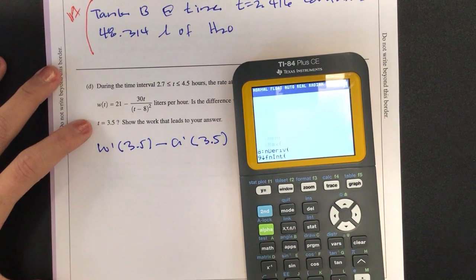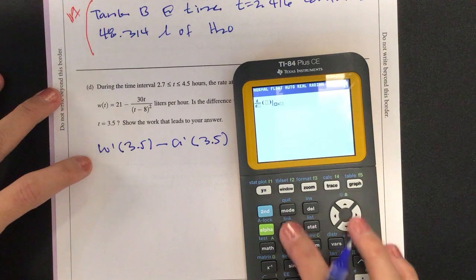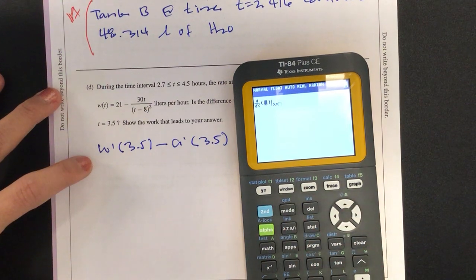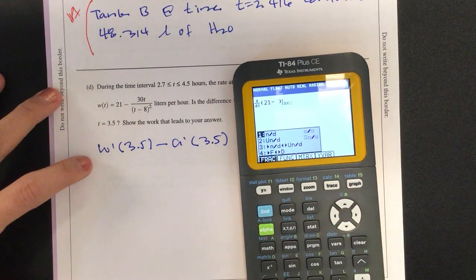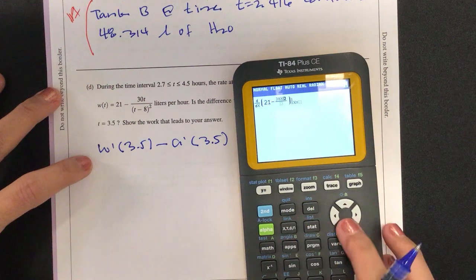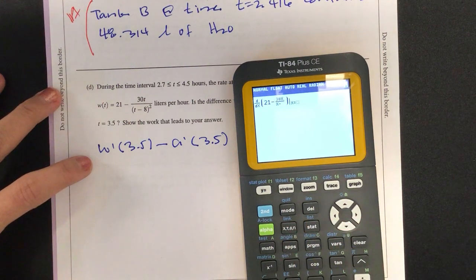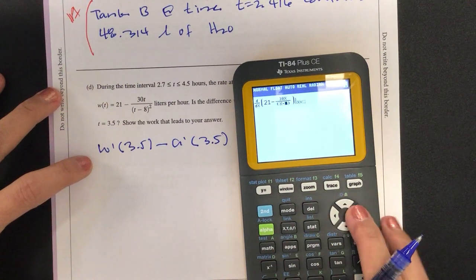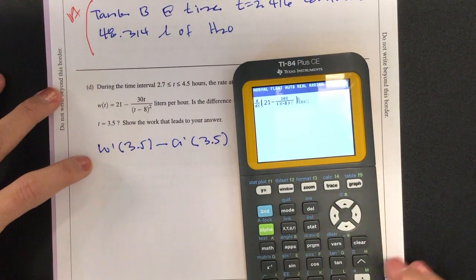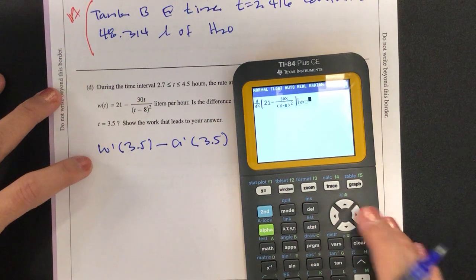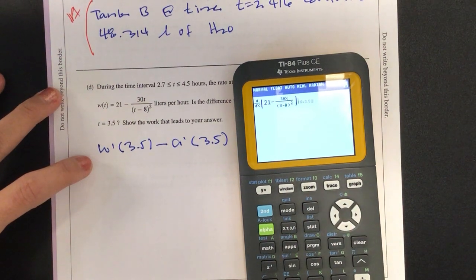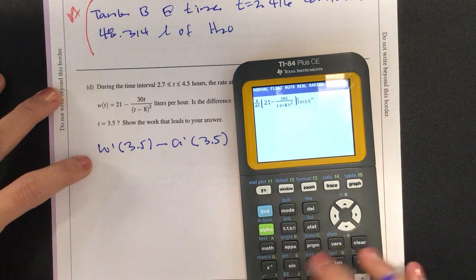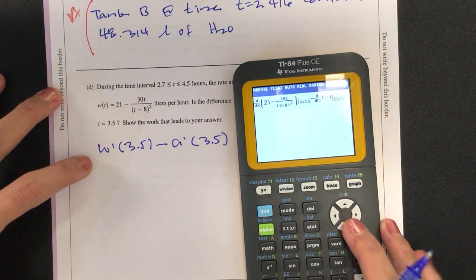Math, 8. And I want to find it at 21 minus 30x. We have x minus 8 on the bottom. Should be in parentheses because it was all squared. And our value is at 3.5. And then minus math 8 again.